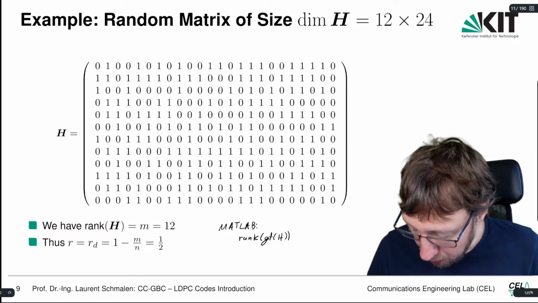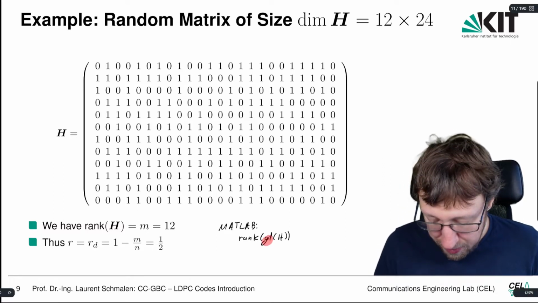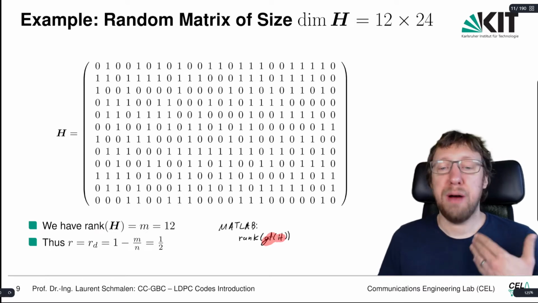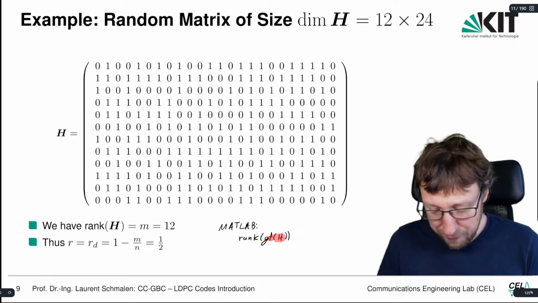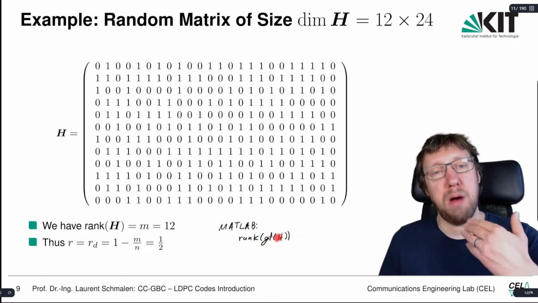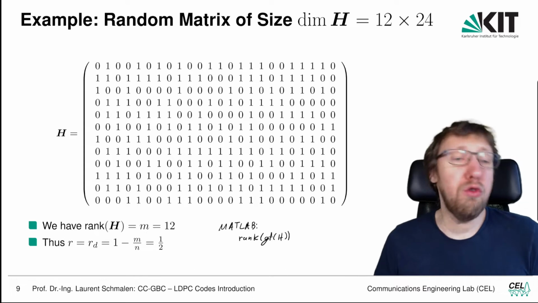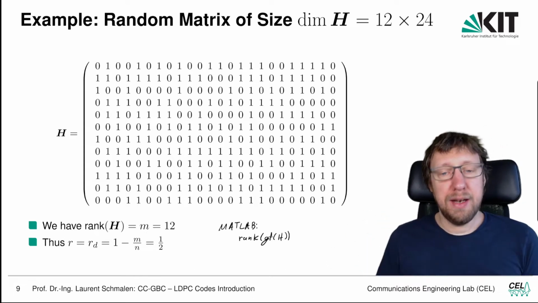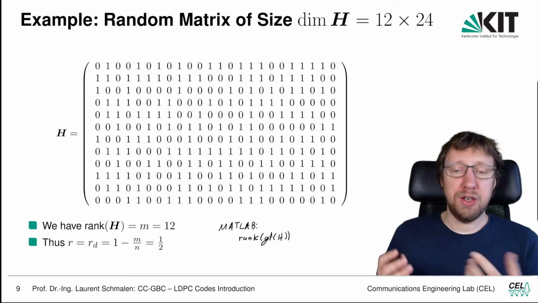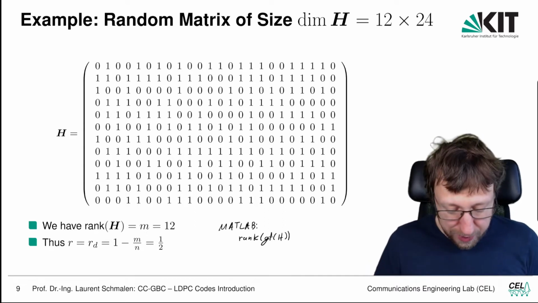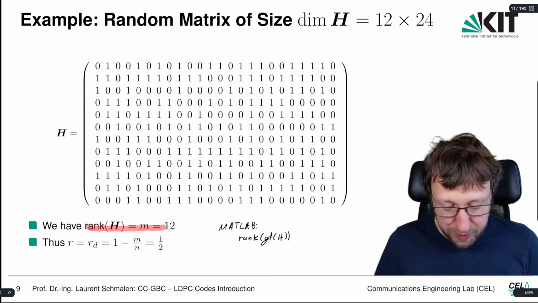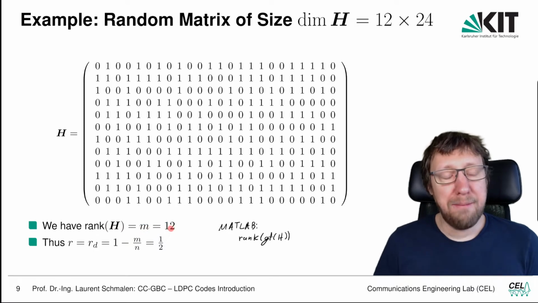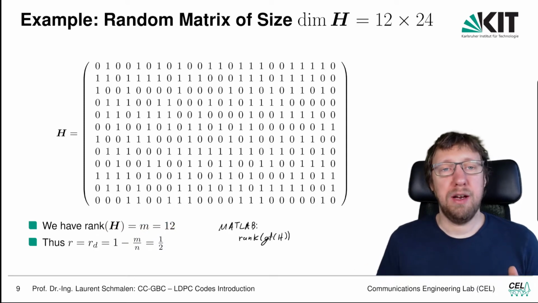What the command GF is doing, GF transforms the matrix H into a Galois field, which is binary numbers. So if you put GF, you restrict H to be binary numbers. Then you calculate the rank, and MATLAB knows this is a matrix that is binary, defined over F2. And we can calculate the rank of this matrix. It's equal to 12. So it's equal to M, and the rate is equal to the design rate.